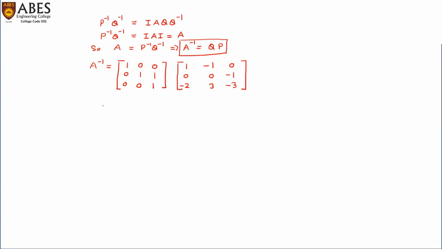Now taking the matrix multiplication, this row goes to this column.